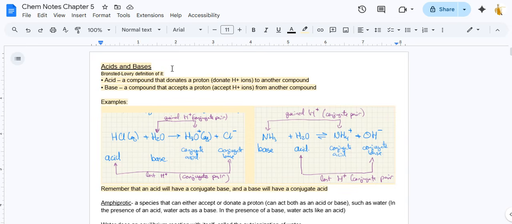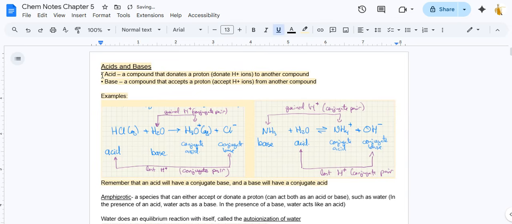So the Bronsted-Lowry definition of an acid is a compound that donates an H+ ion to another compound, and the base accepts an H+ ion from another compound. So in this example, HCl becomes Cl minus, HCl becomes H3O plus.